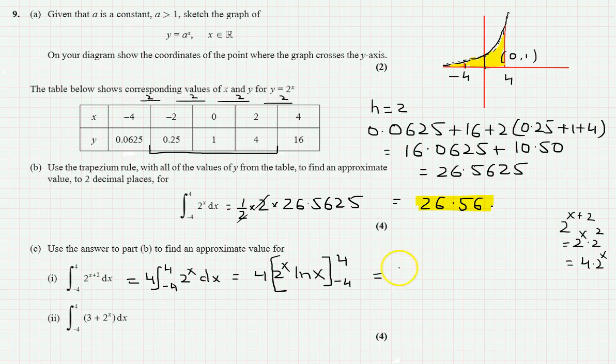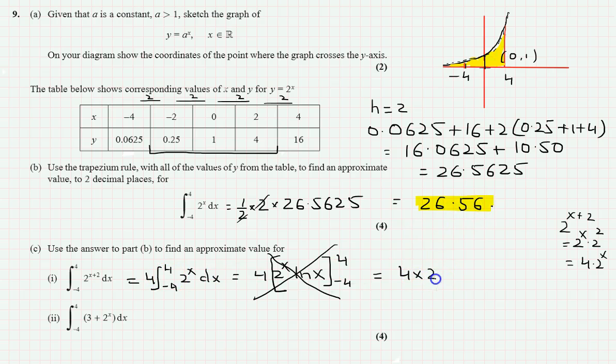So that will be 4 multiplied by the integration of this. I've just noticed a very interesting thing here, that we need not integrate this to find the value, because the integral from -4 to 4 of 2 to the power x dx we have already calculated here, and that is 26.56.